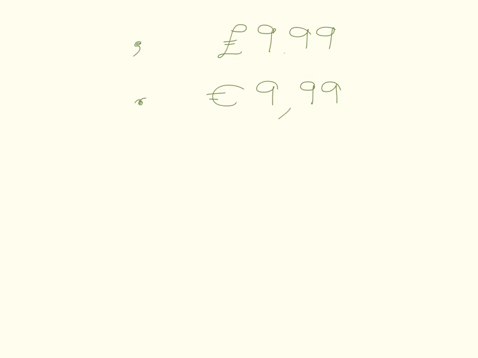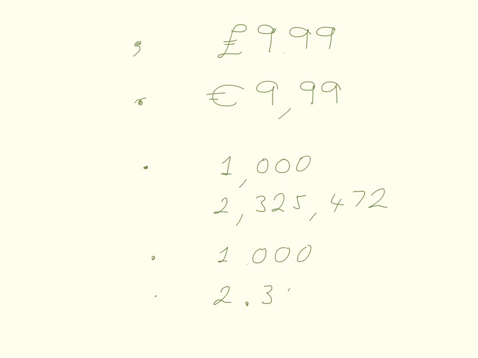So you have 9,99 €. When it comes to the full stop, in English we would write 1,000 like this, or indeed 2,325,472. In German they use a full stop. So they would write 1.000 oder 2.325.472.